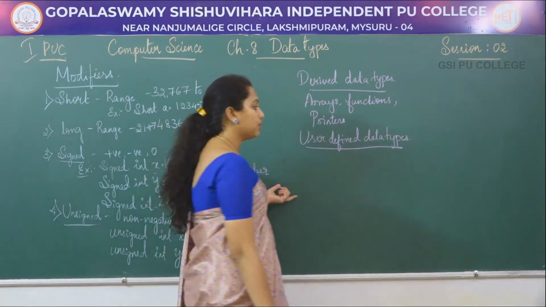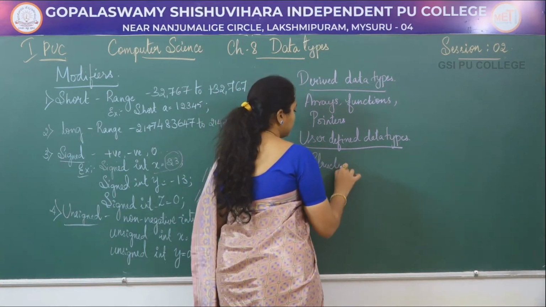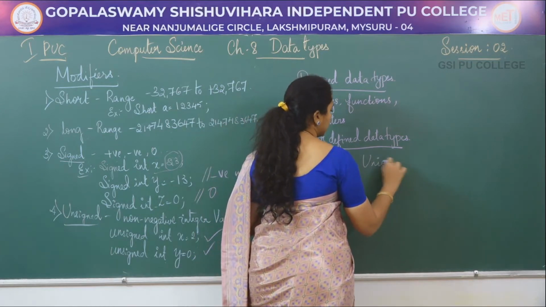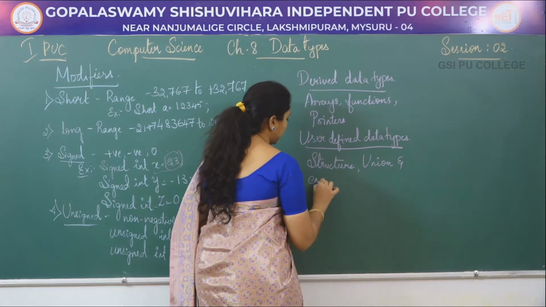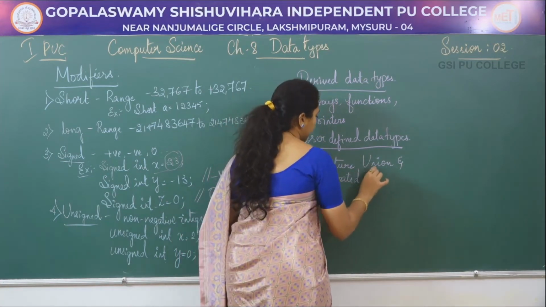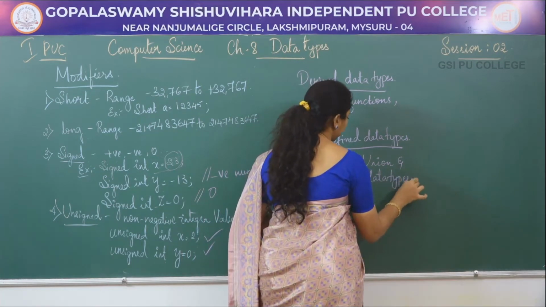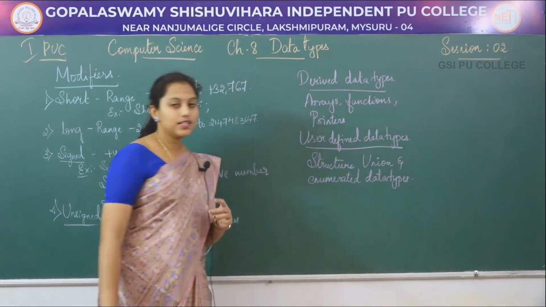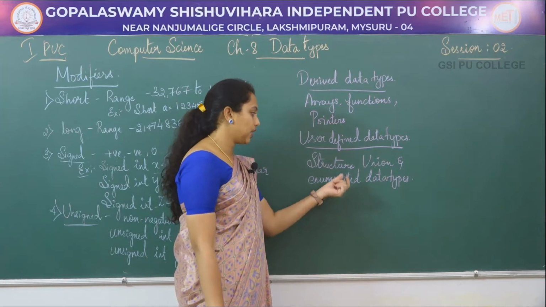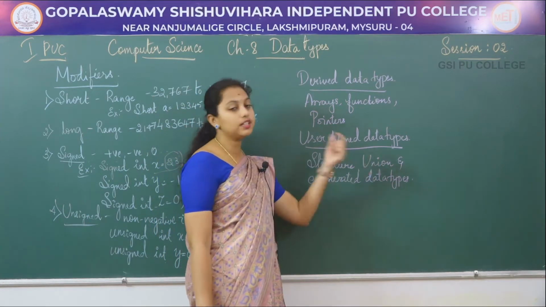Examples for user defined data types are structures, unions and enumerated data types. In this chapter we are going to study only enumerated data types. In later chapters we will study structures and unions in detail.